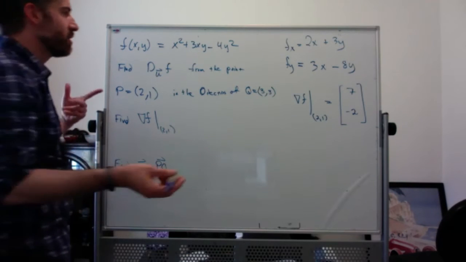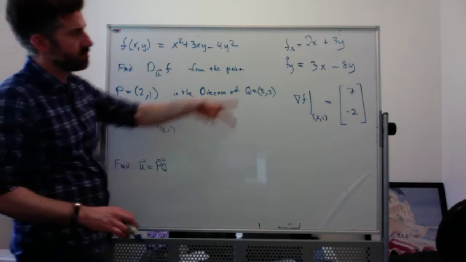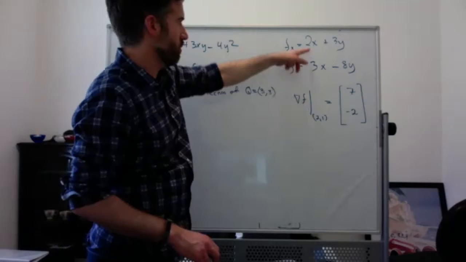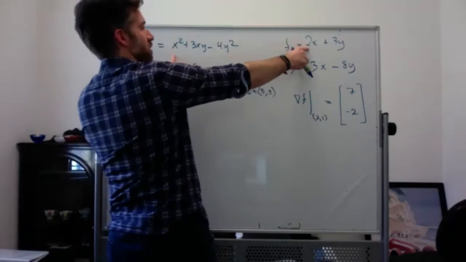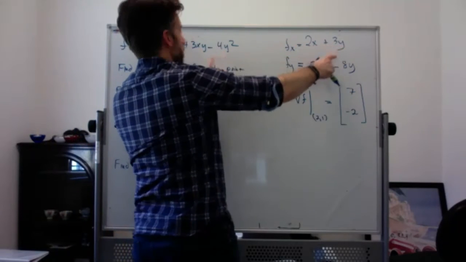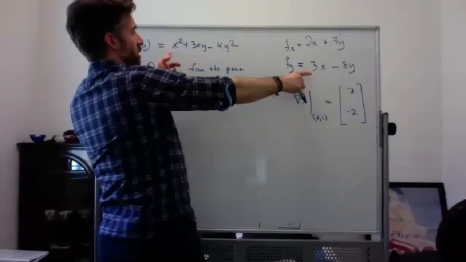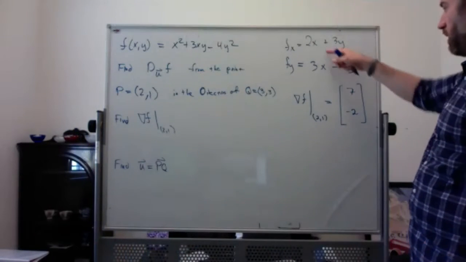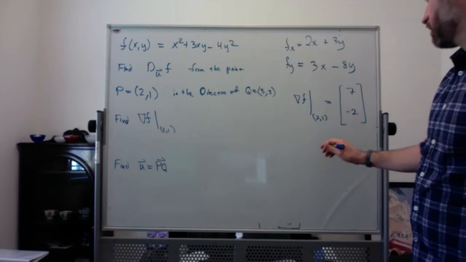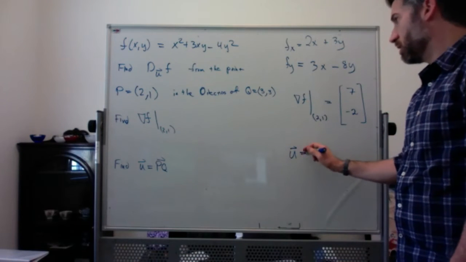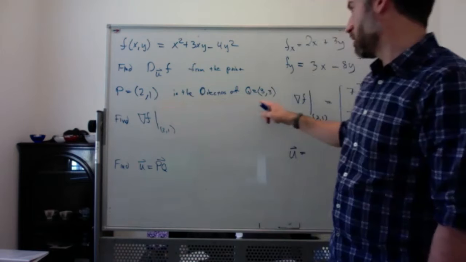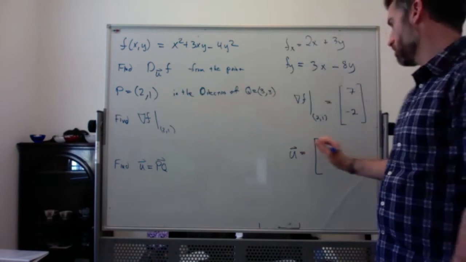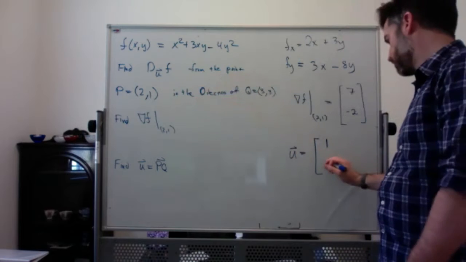So again, the gradient, just the partials with respect to x and y, evaluating at the point. My derivative with respect to x is 2x plus 3y plus 0. With respect to y, it's 0 plus 3x minus 8y. Plugging in my point 2 and 1, I got 7 and negative 2. And then my vector u is just the q's minus the p's. So it's going to be 3 minus 2, 3 minus 1.